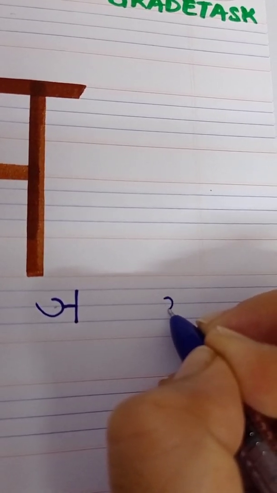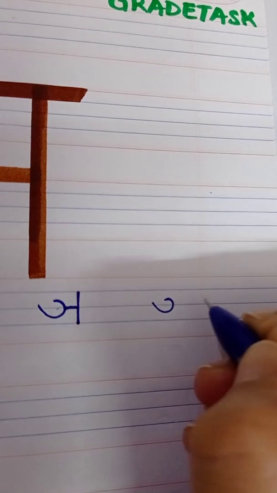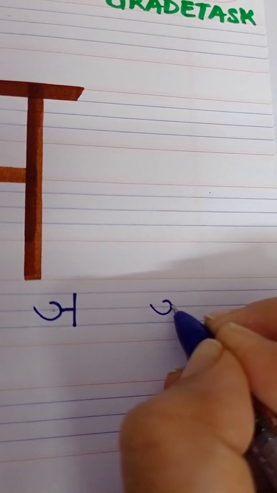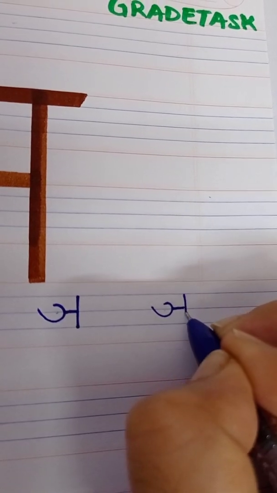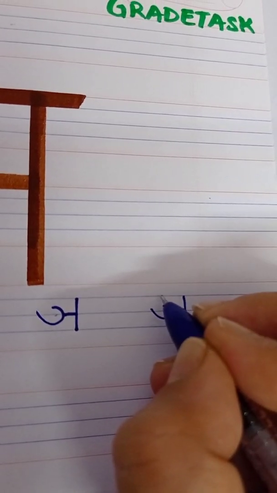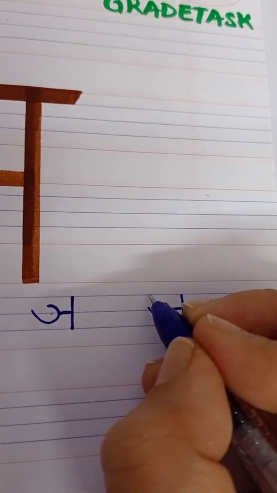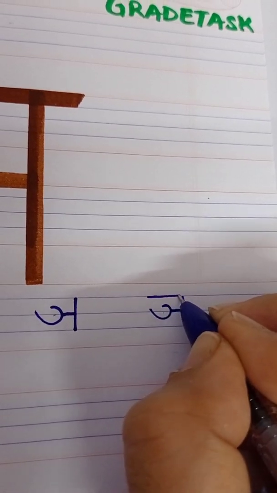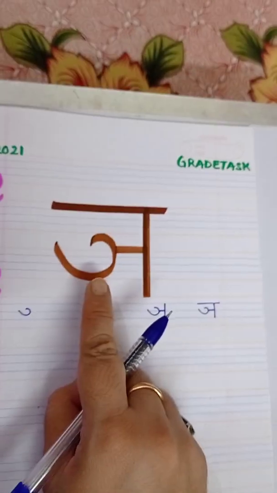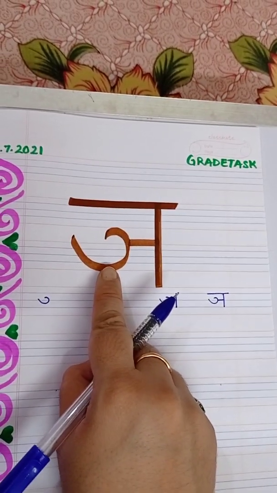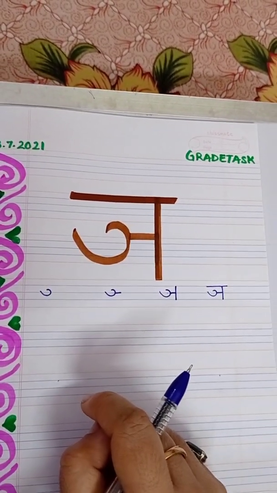Make opposite curve, go up, cross the middle line this way. Now make one sleeping line, make one standing line, and then you have to make one sleeping line at the top. This is our last step. This is Vyanjan Nya.